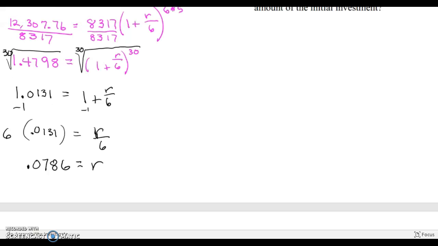And after I multiply both sides by 6, I get 0.0786 equals the rate. As a decimal, this is as a decimal, but as an interest rate, it's 7.86%. And that's the rate.